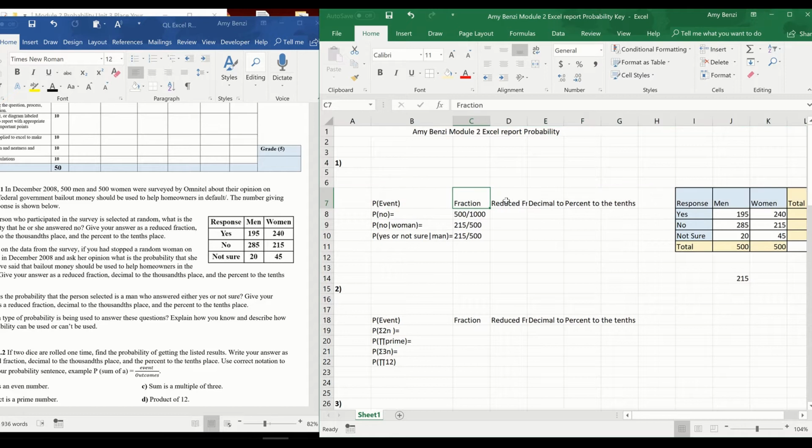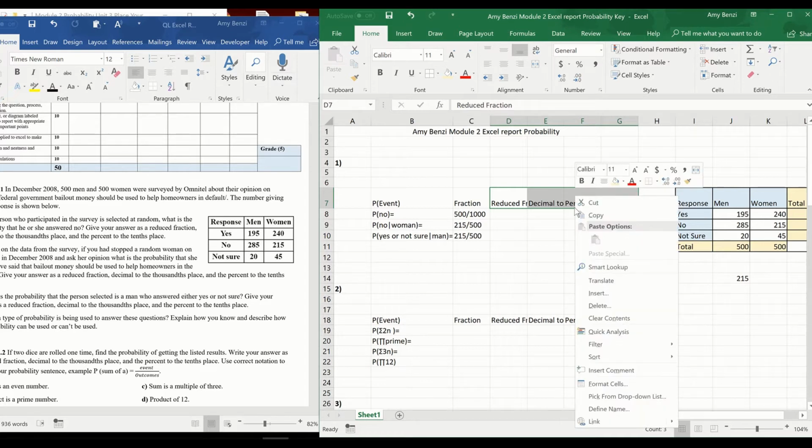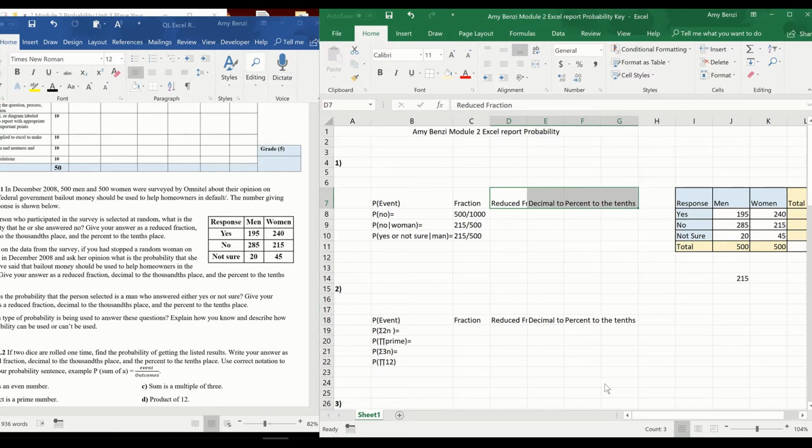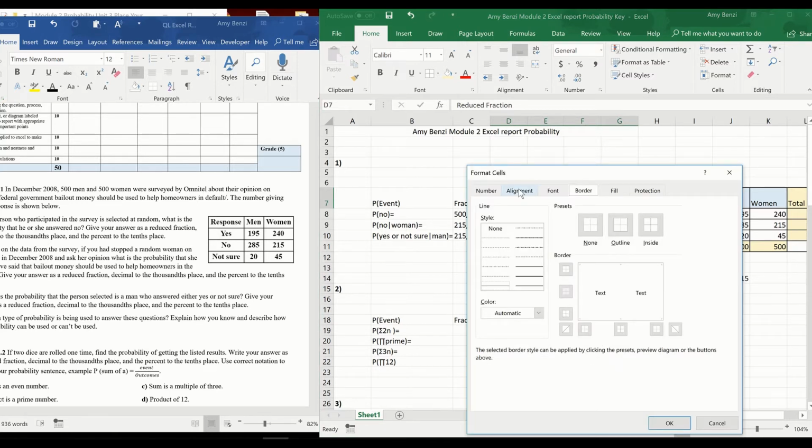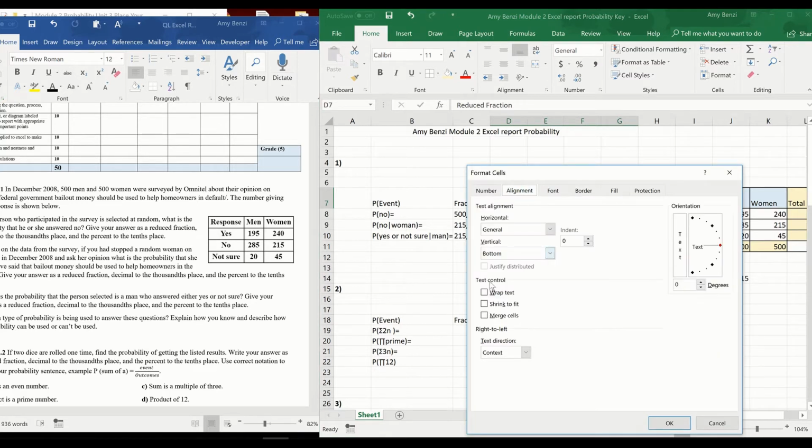Then I am going to select these guys that are all too long for their cells, or the words are too long. Right click, format cell, alignment, and then wrap text. I guess you can't wrap and shrink to fit, but we can do that ourselves.